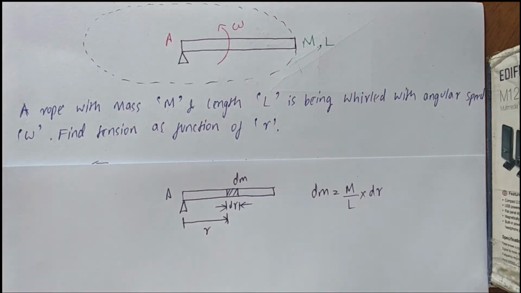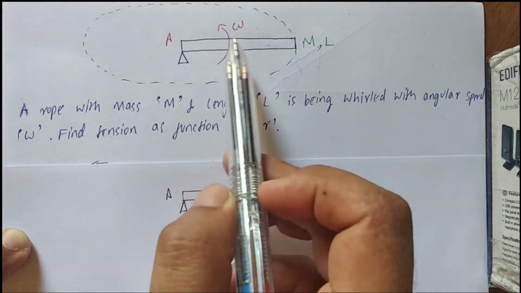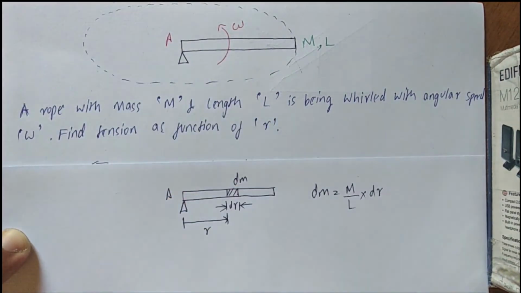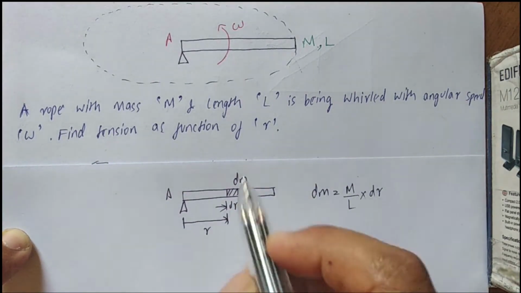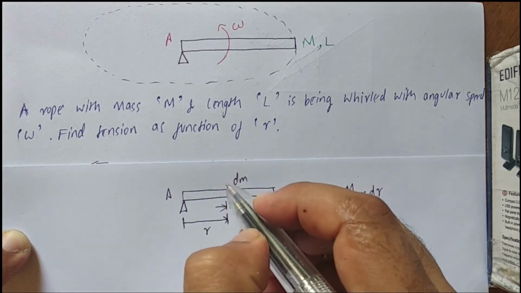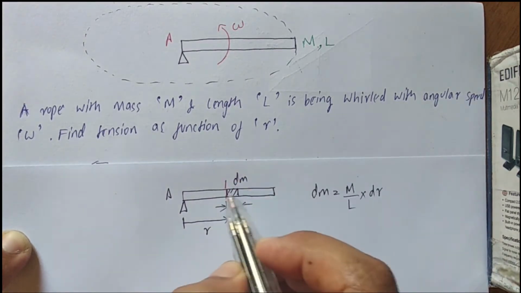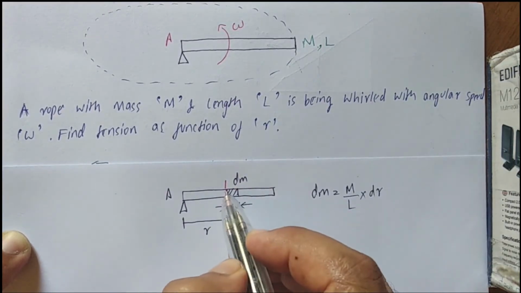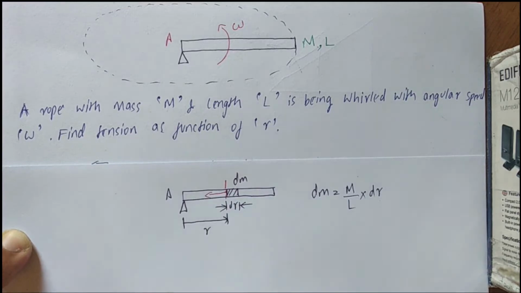So why are we finding the mass? Now we need the mass because tension is nothing but a force. And when this rope is getting reeled, this elementary mass will get pulled towards A with the centripetal force. So this elementary mass will experience a tension force in this direction such that it is pulling in nature.